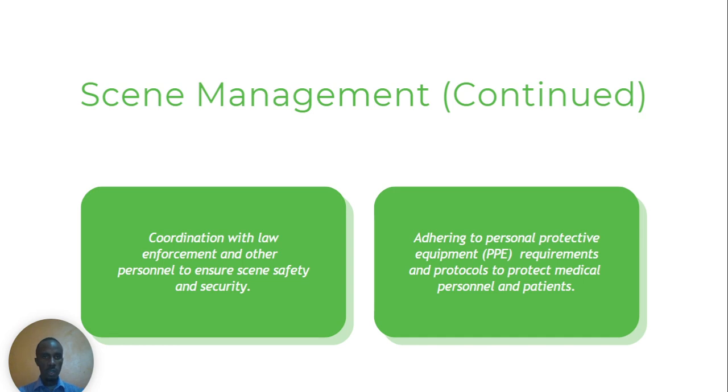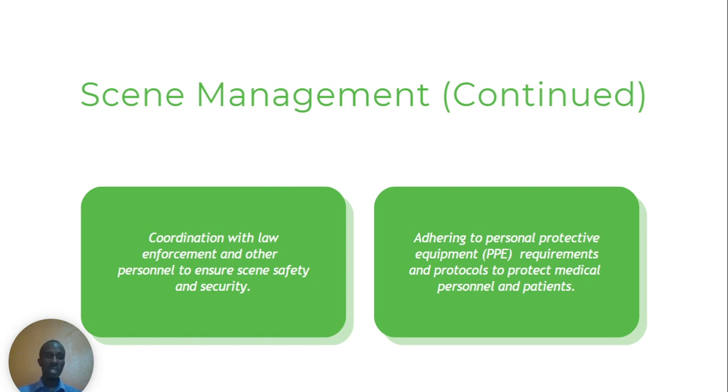So coordination with law enforcement and other personnel can ensure scene safety and security. Whenever a disaster has struck, for example, if a building has fallen down, there should be law enforcement, because you expect some malicious people to take advantage of that and maybe do some robbery.